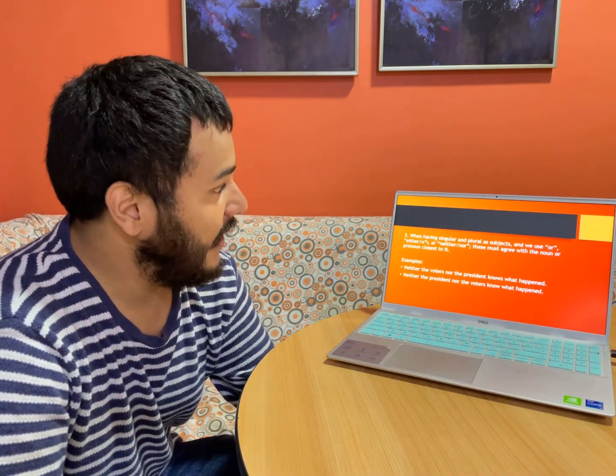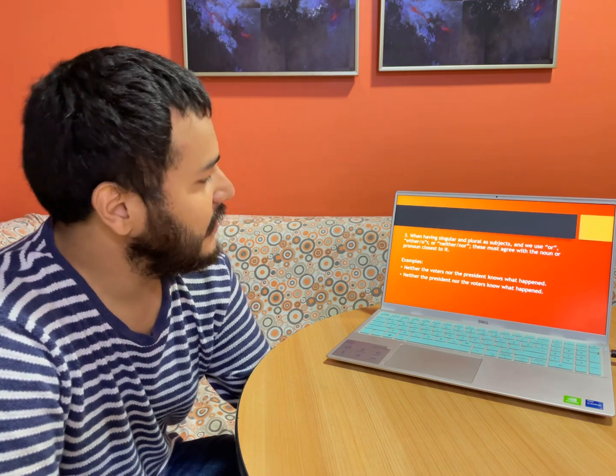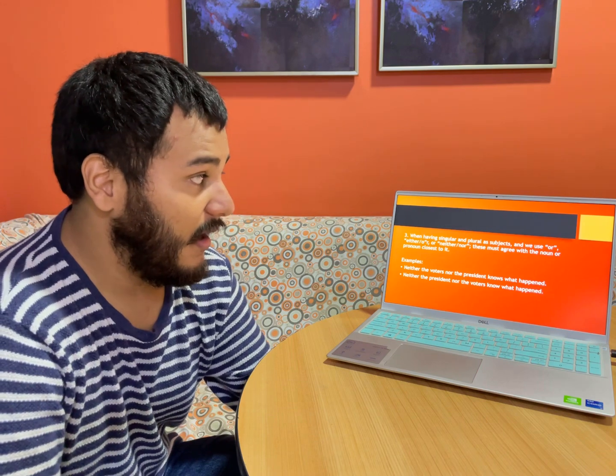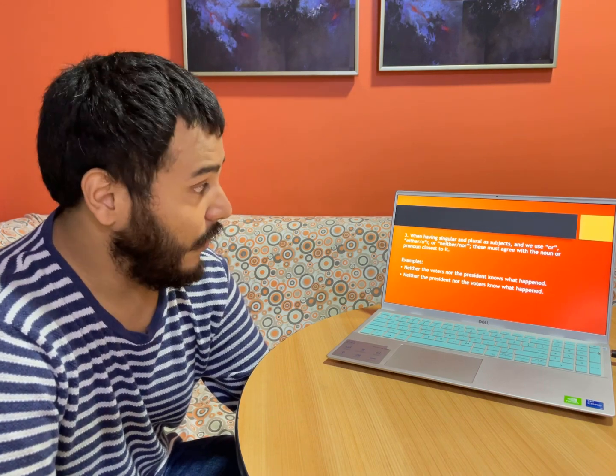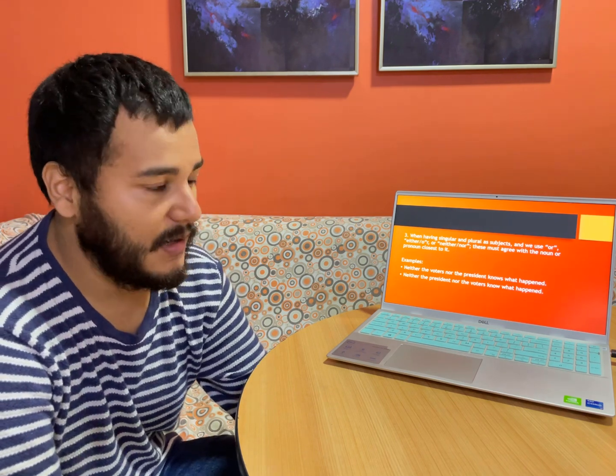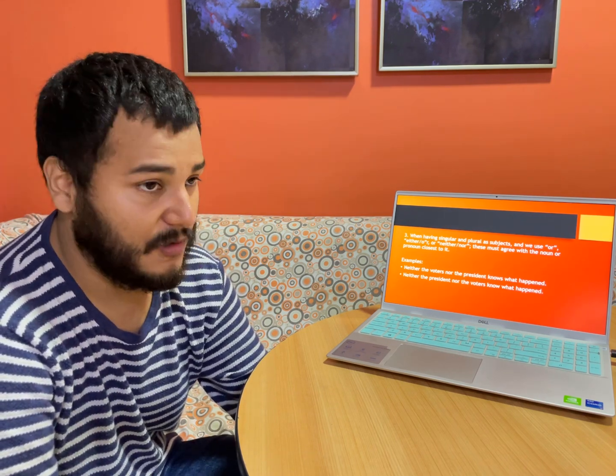For the third rule of the agreement of syntax, when having a singular and a plural subject and we use "or", "either or", or "neither nor", the verb must agree with the noun or pronoun closest to it.